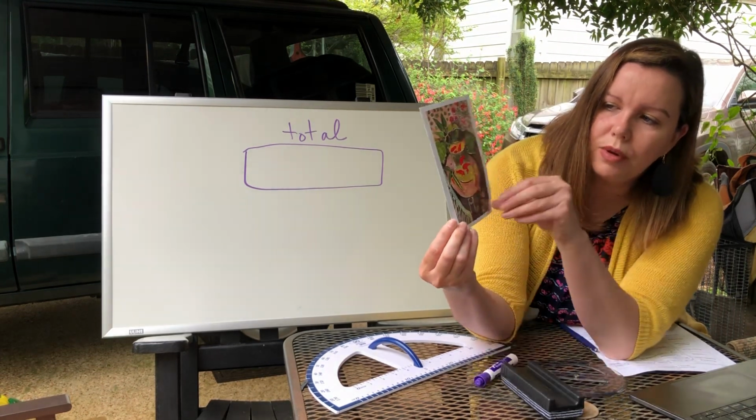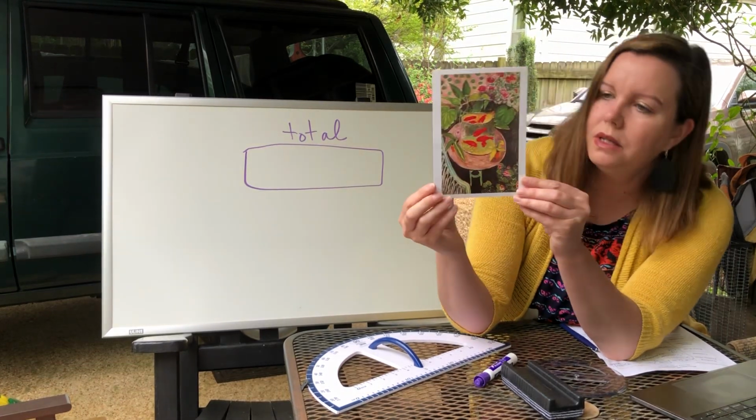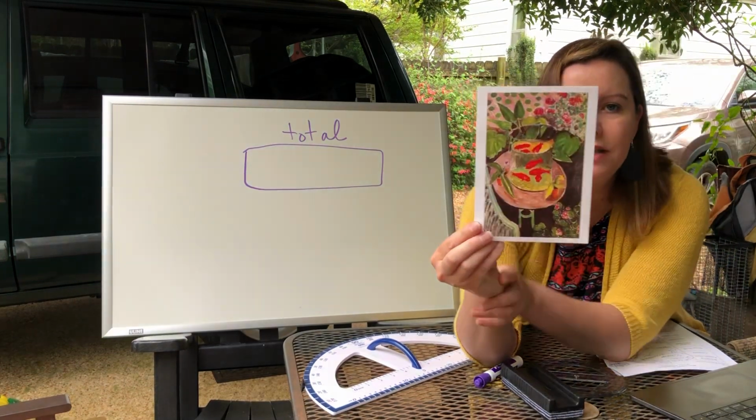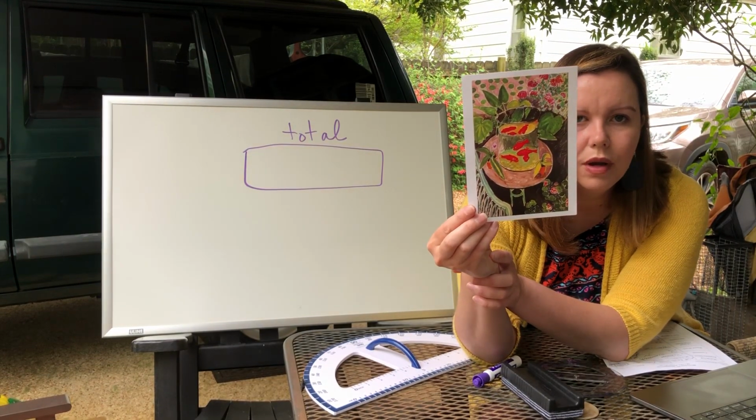I want you to make a problem based on this painting. If you can see in the painting, there are 4 goldfish. You can see the reflection. There's also some dots and flowers. I want you to make a problem based on this picture, whatever you want about this picture.